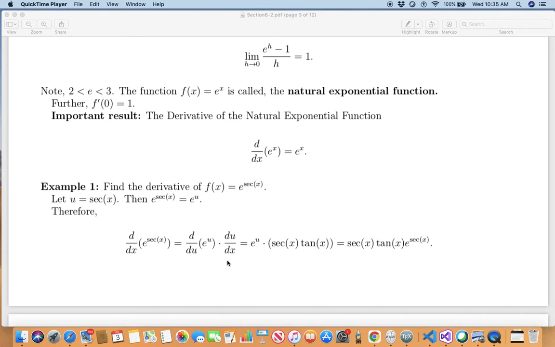This was the chain rule. The derivative of e to the power u is e to the power u. The derivative of u being secant x is secant x tan x. Replace the u back by secant x. So the derivative of e to the power secant x is secant x tan x e to the power secant x.